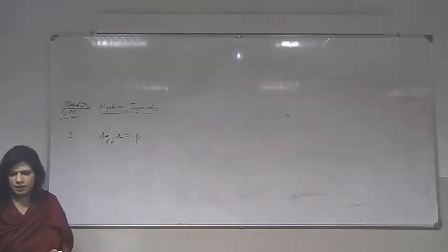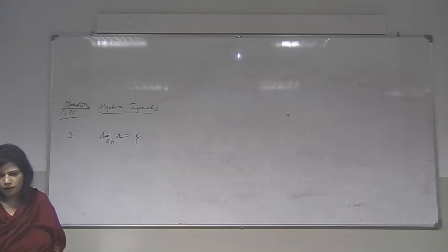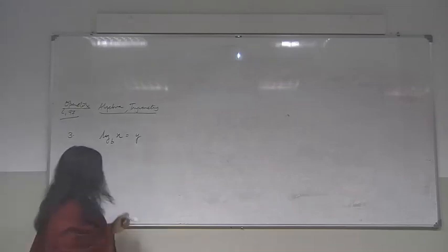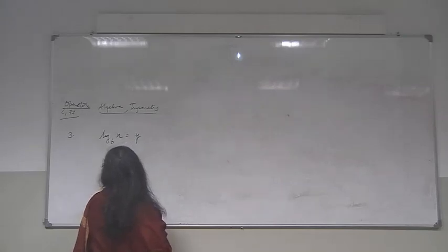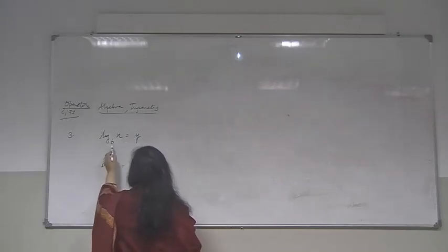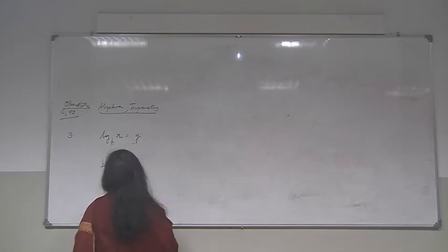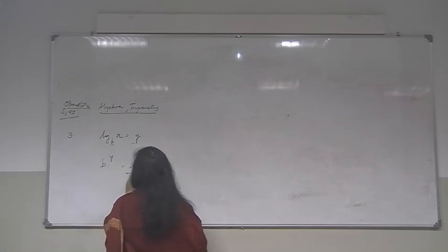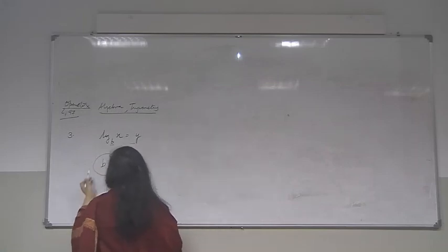This is 3. And they're saying to solve for x using the properties of exponents. So we already know that we have to bring it to the other side. Since this is the base and this is the power, you simply put it as that. So you can now find out the value of x could be equal to this equation.